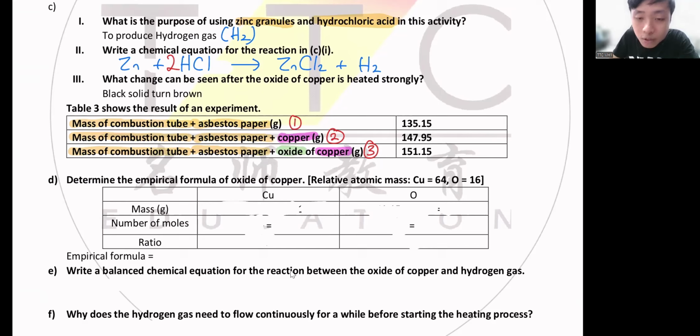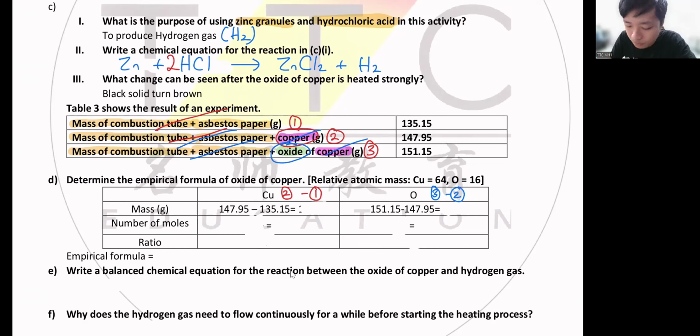So to find the mass of copper, 2 minus 1, you cut off, then you get the mass of copper. If you want to find the mass of oxygen, 3 minus 2, cut off copper, then you get oxygen.